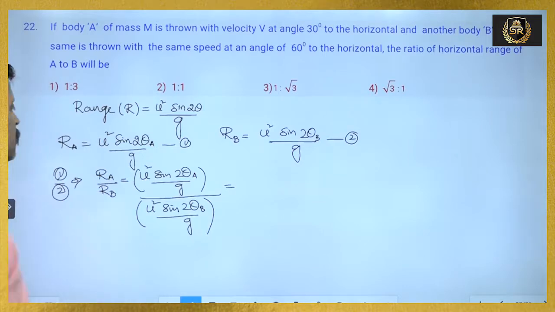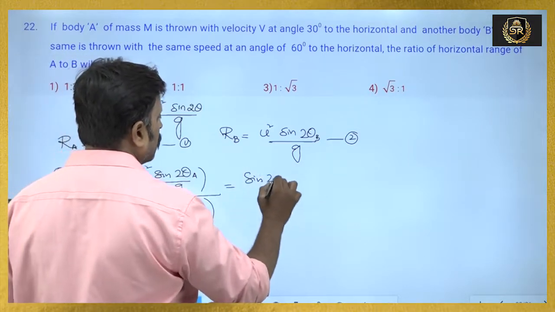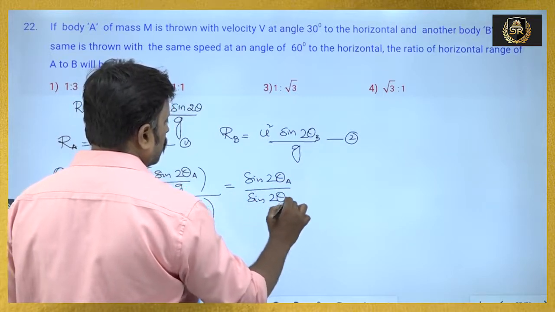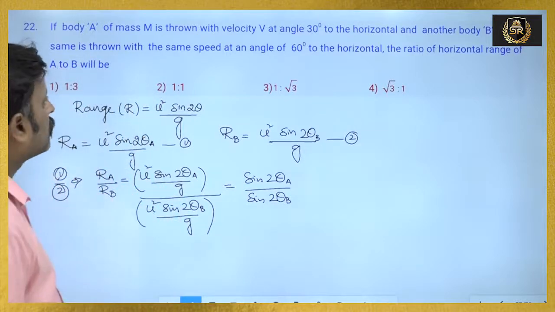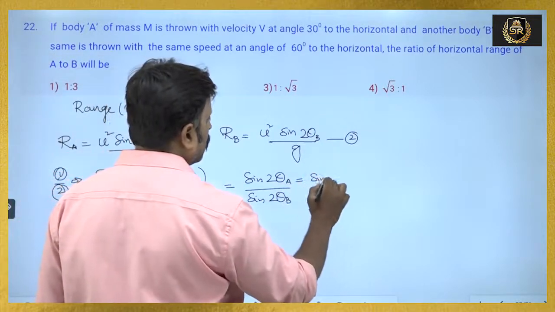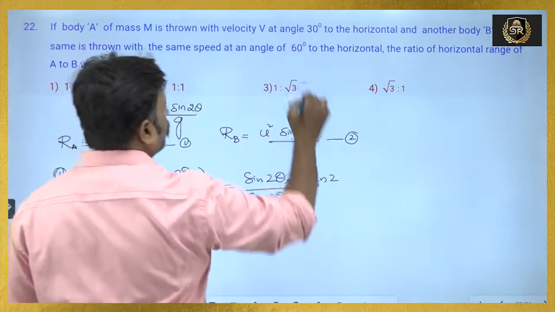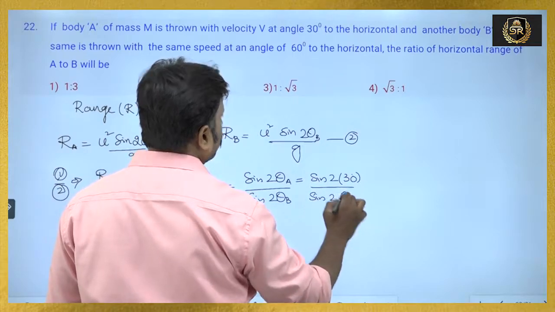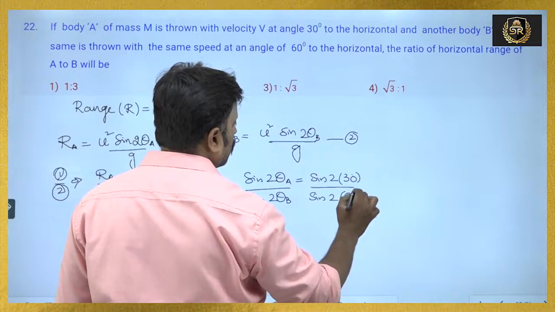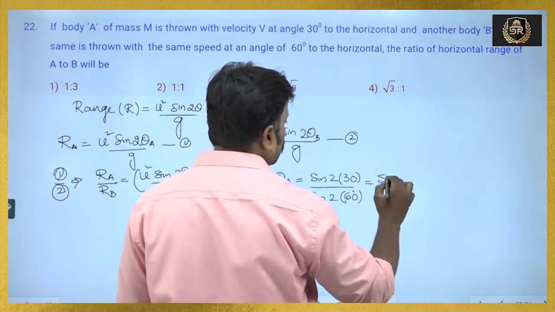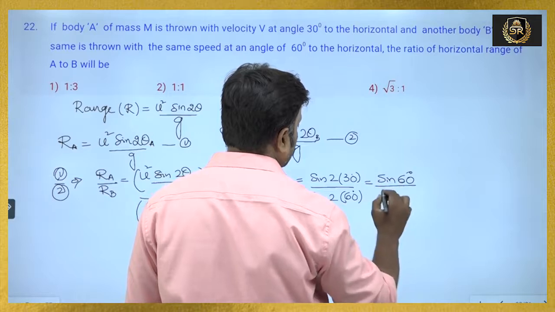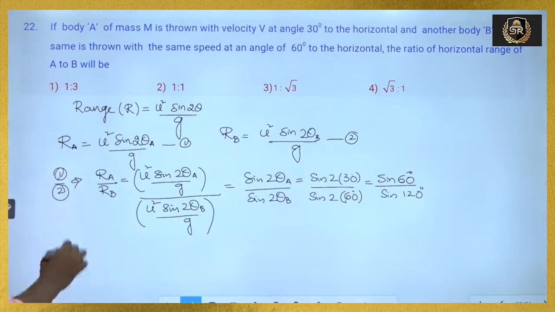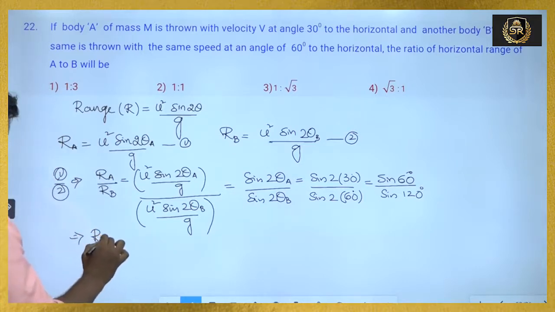So it is sin 2 theta A by sin 2 theta B. This is sin 2 into 30 degrees by sin 2 into, for B, what is the angle of projection given? 60. So it is sin 60 by sin 120.